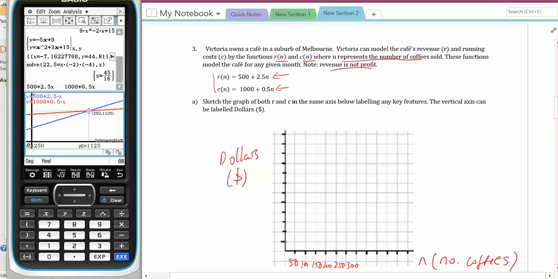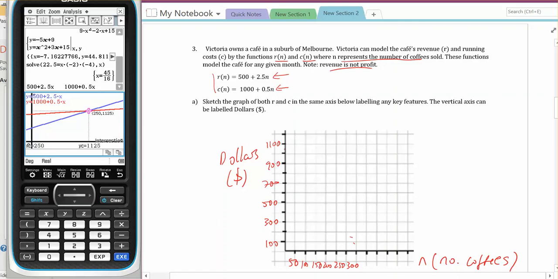And I know that my cost axis will be quite big numbers. So we might want to go up by thousands. No, not thousands, hundreds. So 100, 300, 500, 700, 900, 1,100.